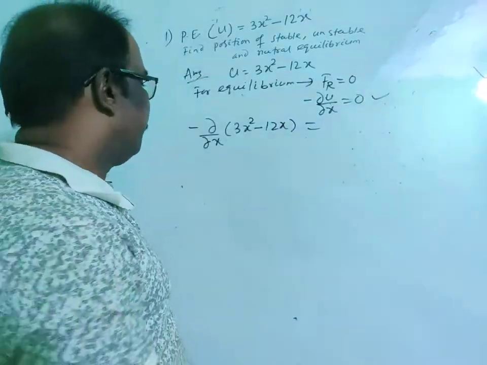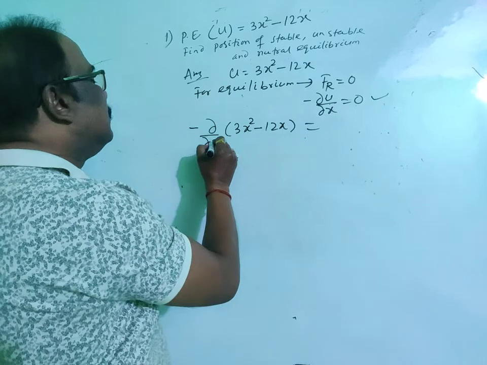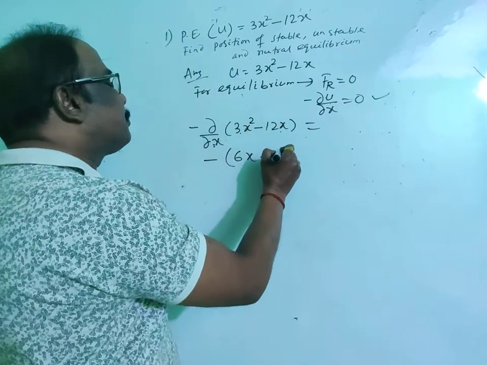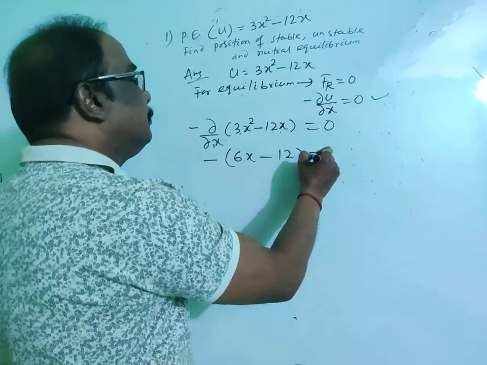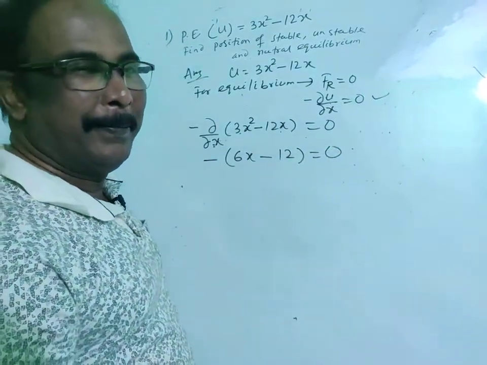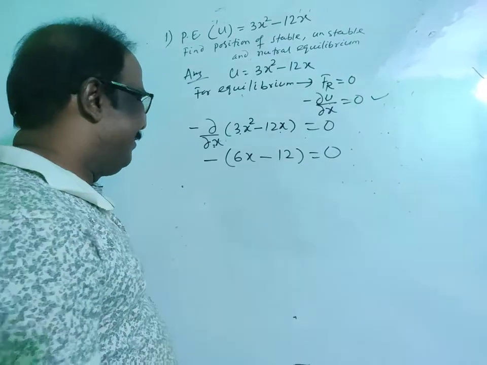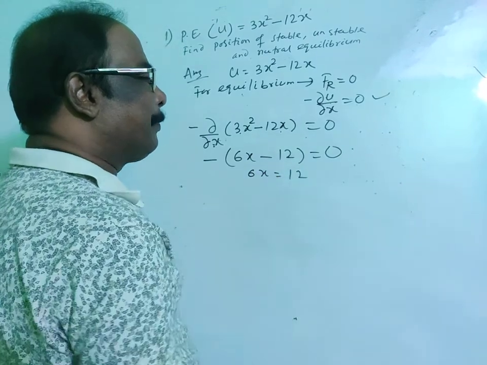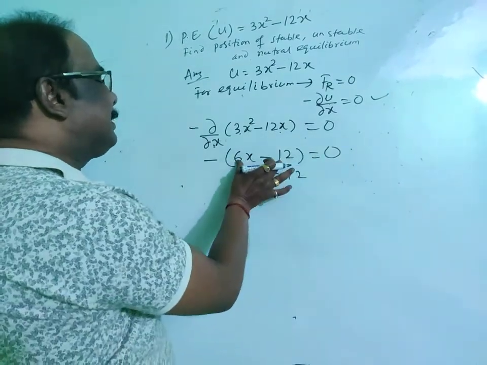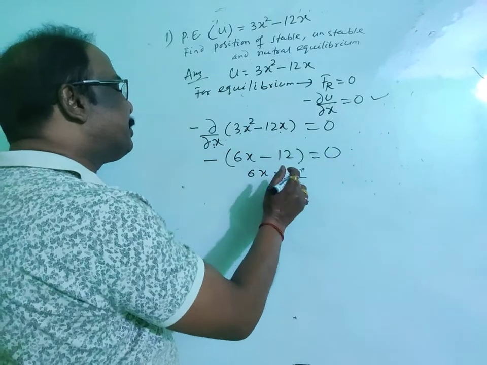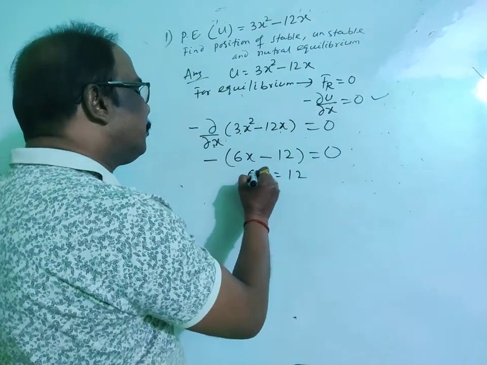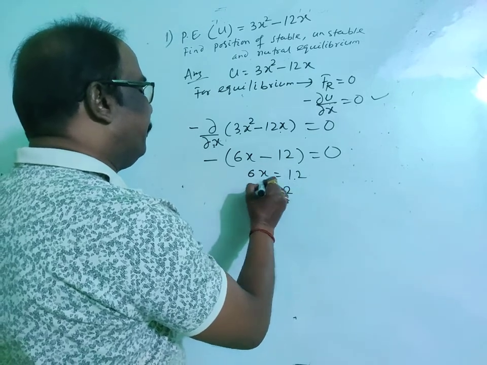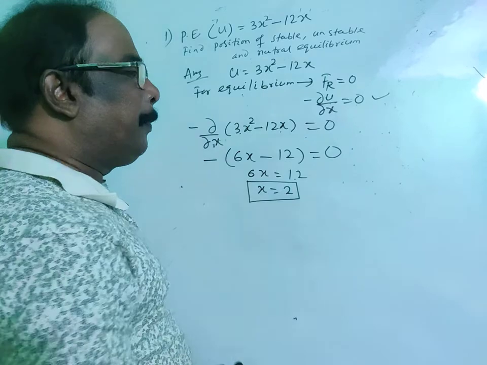What comes? Minus, d by dx of 3x square is 6x, d by dx of 12x is 12, equal to 0. Is it okay? Fine. Then 6x minus 12 is 0, 6x is 12, and x is equal to 12 divided by 6, that equals 2. The value of x is 2.